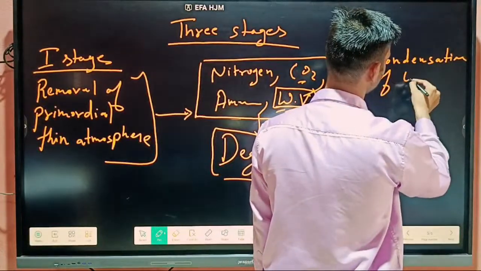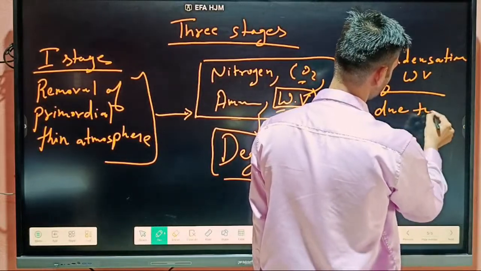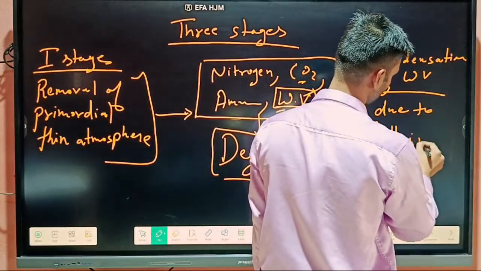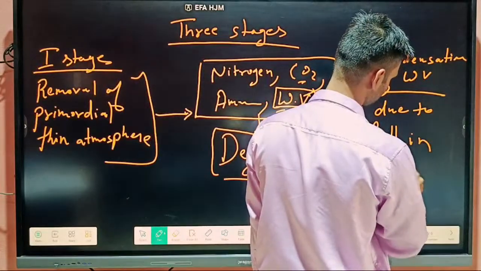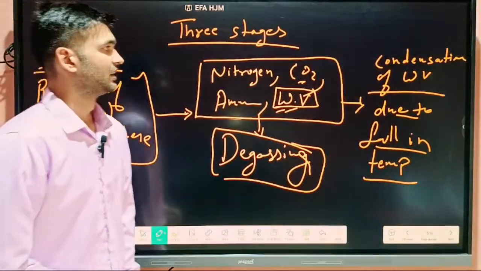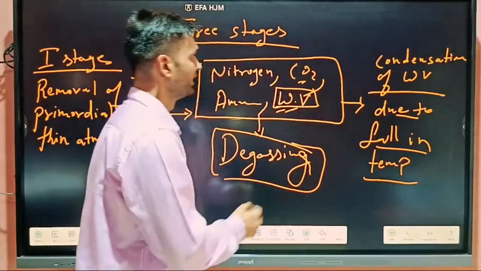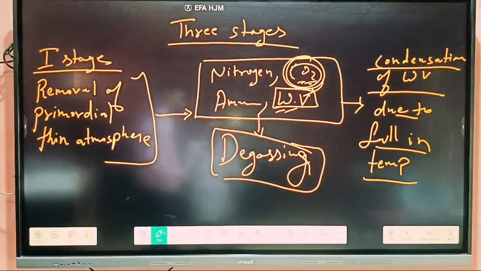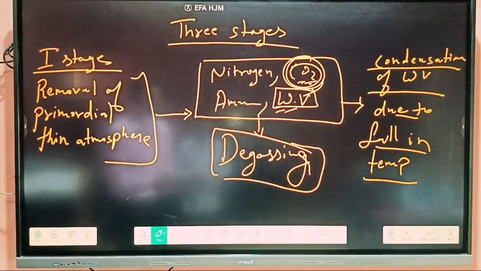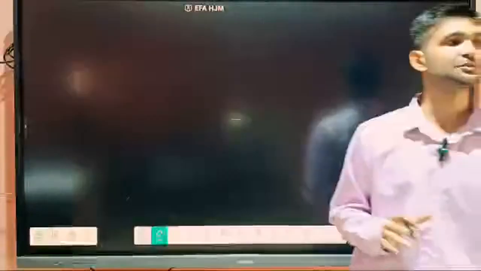Condensation of water vapor due to fall in temperature. And one more thing happened. The CO2, which is responsible for keeping the earth warm, mixed with water drops on the surface.